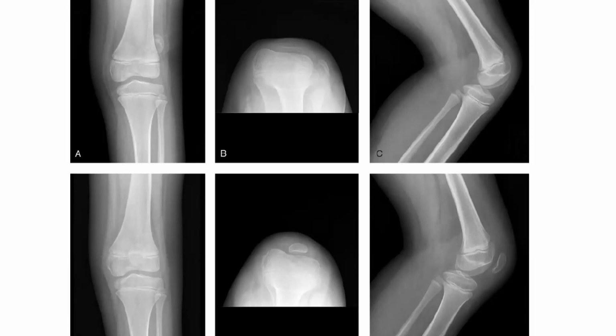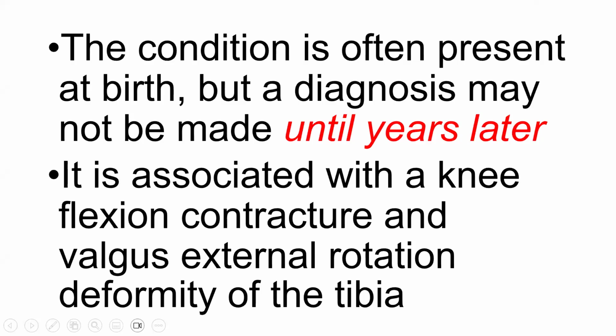Another point is that when the patella is dislocated, this tends to pull the whole knee into valgus. So you have to keep this in mind. The condition is often present at birth, but a diagnosis may not be made until years later. It is associated with knee flexion contracture and valgus.